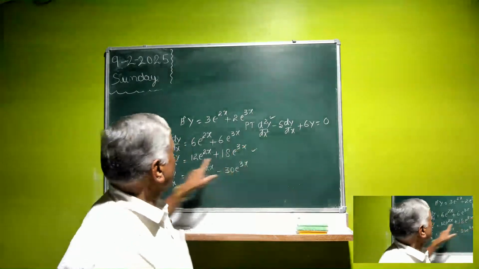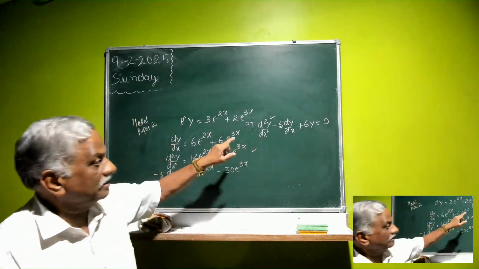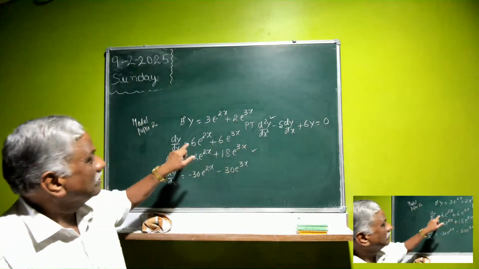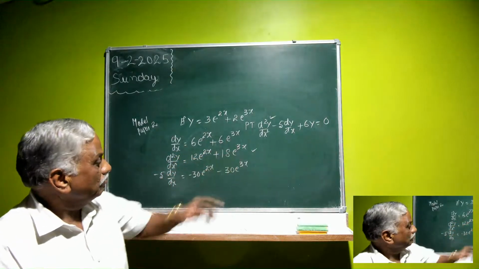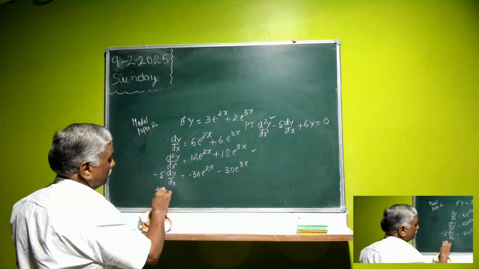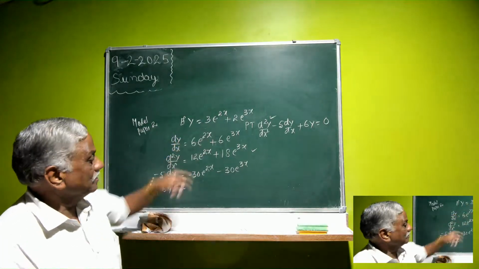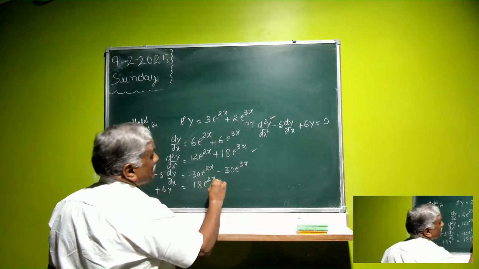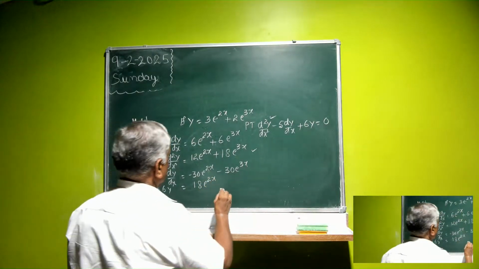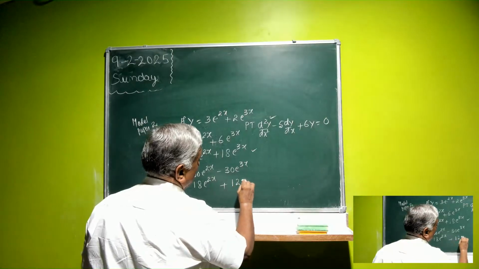I am keeping d square y by dx square as it is. Minus 5 dy by dx I multiply by minus 5, I get minus 30, plus 6y. We have to multiply y by 6. It becomes 18 e power 2x plus 12 e power 3x.